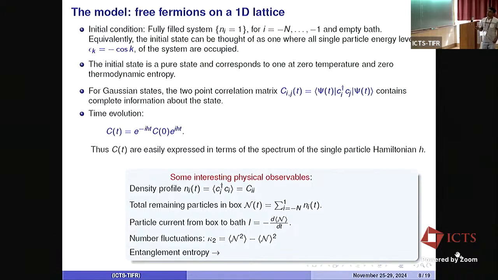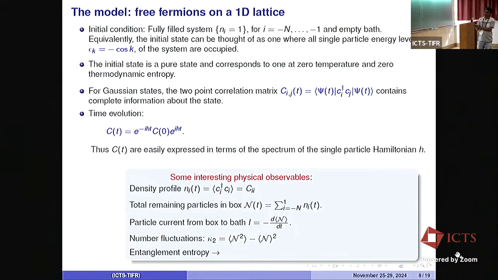Now for Gaussian states, the two-point correlation function basically contains all information about the state. Its time evolution is just like a non-interacting single particle, and from the correlation function we can essentially compute everything. For example, some other interesting quantities are the density profile, which is the diagonal elements of the correlation function.